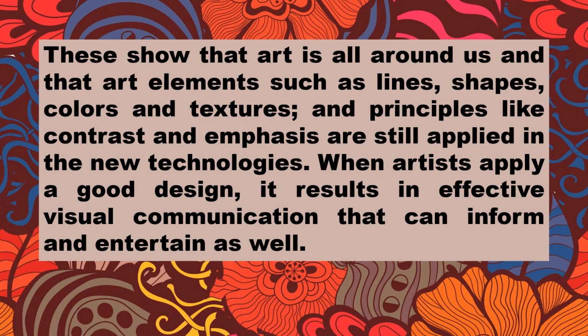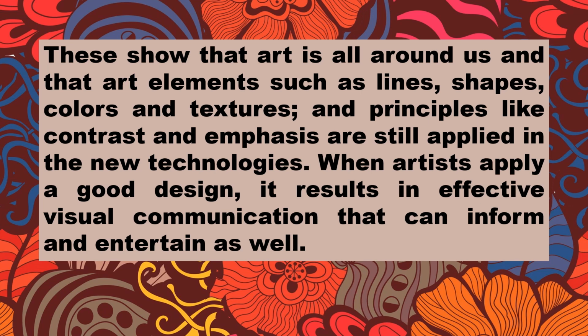Thus, this shows that art is all around us, and that art elements such as lines, shapes, colors and textures, and principles like contrast and emphasis are still applied in the new technologies.